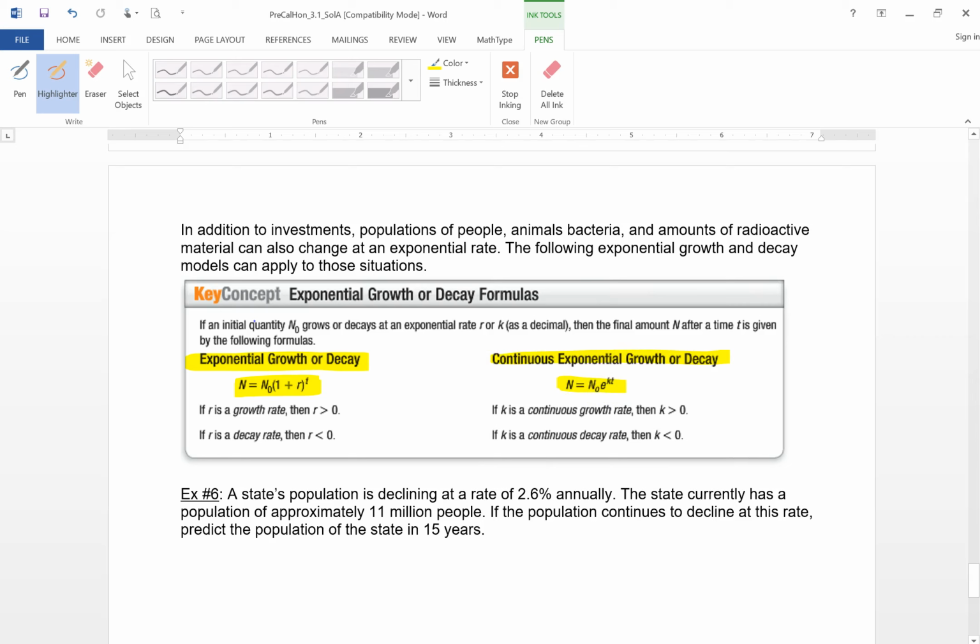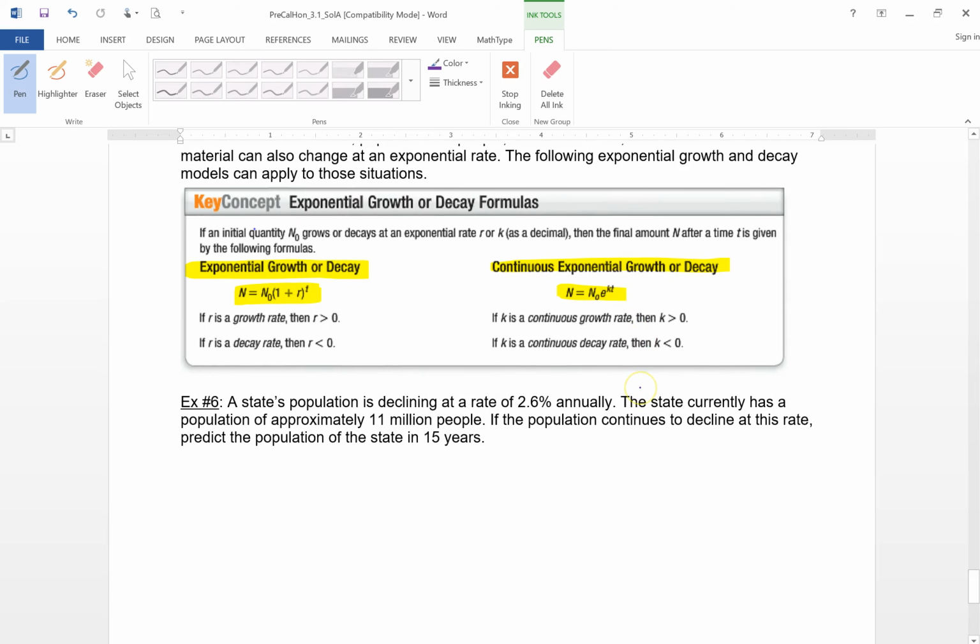Now, I am conflicted about using these formulas because the book has it differently from what we usually see. So this formula usually is written as y equals a naught e to the kt, or y equals y naught e to the kt. Your book uses n.